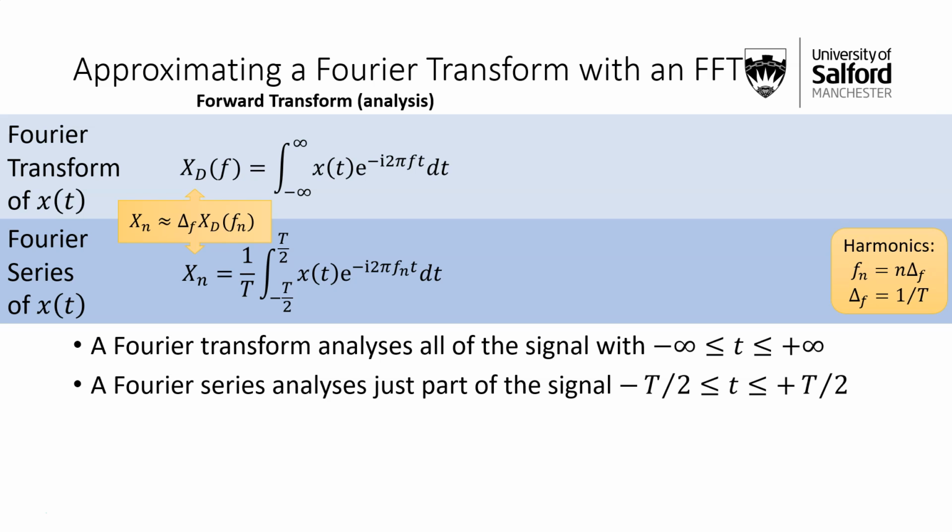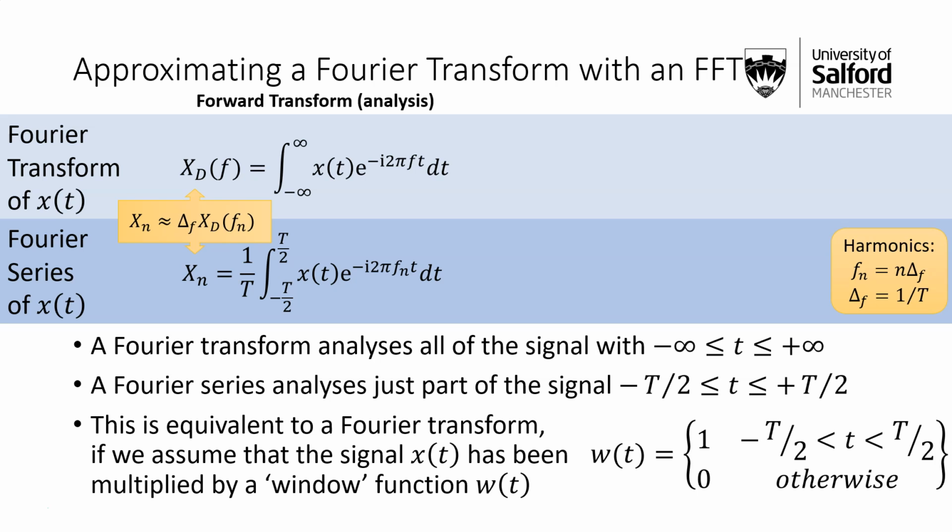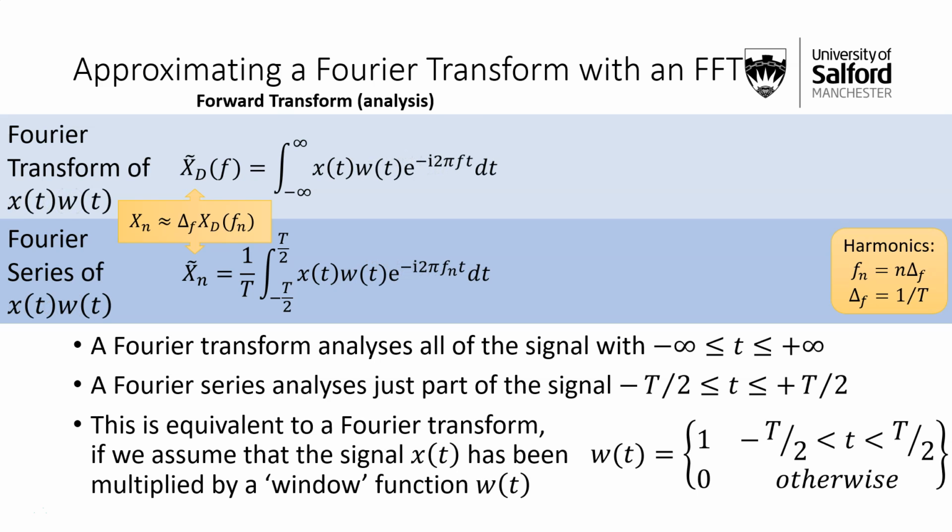And we can say that actually this is equivalent to a Fourier transform if we assume that the signal x(t) has been multiplied by this window function w(t), which is defined to be 1 from minus T over 2 to plus T over 2 and 0 otherwise. And if you take that and plonk it into both these things, with the Fourier series it does nothing because it's 1 throughout the range, minus T over 2 to plus T over 2, so you can just get rid of it.